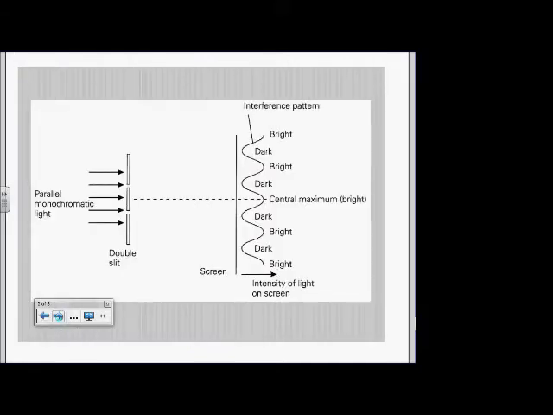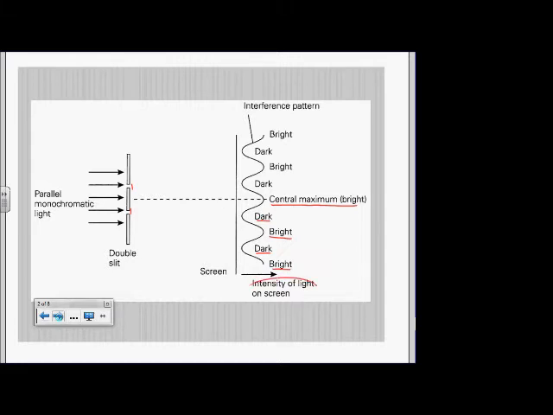Here's another diagram. Now I've given you this one, so you don't have to print it off. You've already got it, but it really shows the same sort of situation. So again, here's our double slit, and here is, with these things labeled a little bit more, our central maximum bright, our dark, which is our first order minimum, then our first order maximum, second order minimum, second order maximum, and so on.